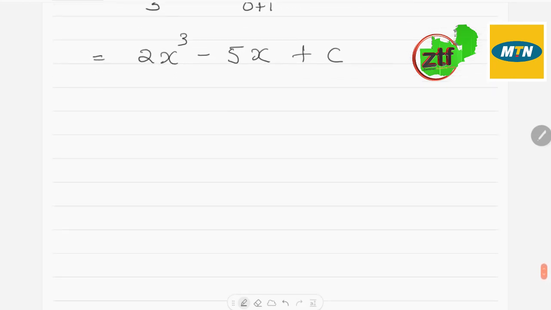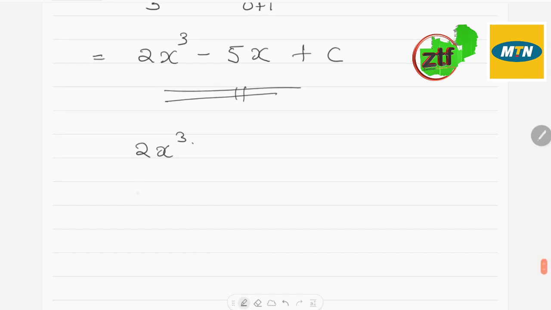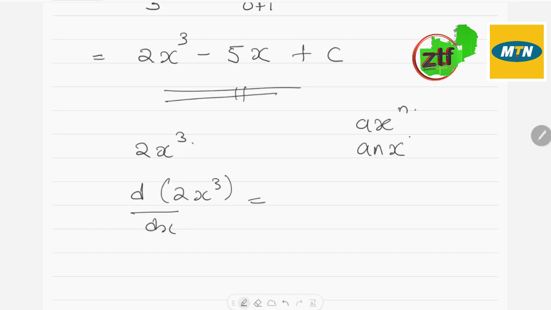So you can verify that indeed this is the answer that we are looking for. Let me just use the first term, which is 2x cubed. The derivative of 2x raised to the power 3 with respect to x will give me, we know that when you are differentiating a function which is ax raised to the power n, you multiply the coefficient of x, which is a, by n, then subtract the power of x by 1.